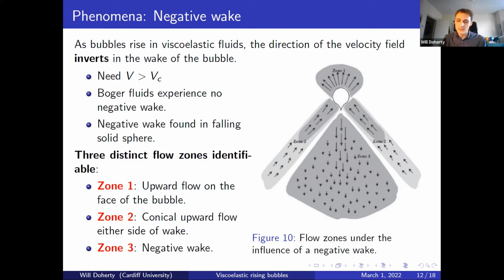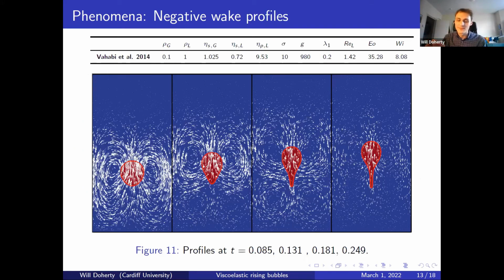Now, the last phenomenon that I'm going to talk about is kind of the most interesting one. Oh, before that, spoilers. Here are some simulations that I did of the negative wake. And you can see here in the second and third images, for the time profiles 0.131 and 0.181, you can see the start of the negative wake in the first one, and then almost halfway through in the second one, you can see it's really starting to increase and pull down.